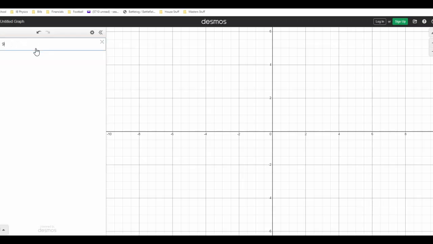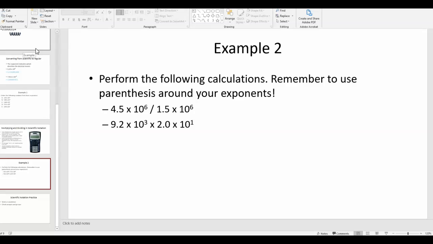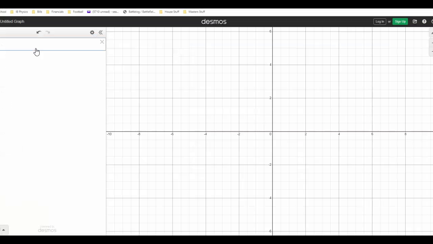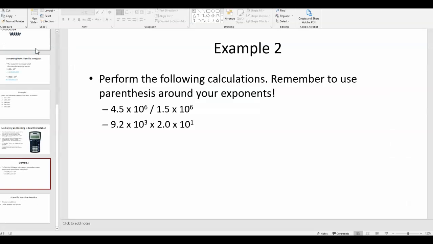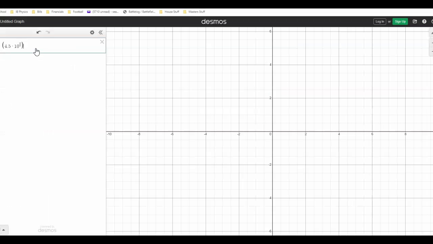Whether you do it in Desmos or on a TI calculator, you would use parentheses around the top and the bottom. So I'm going to do parentheses 4.5 times 10 to the power 6, divided by parentheses 1.5 times 10 to the power 6.